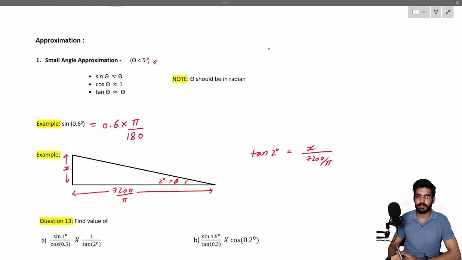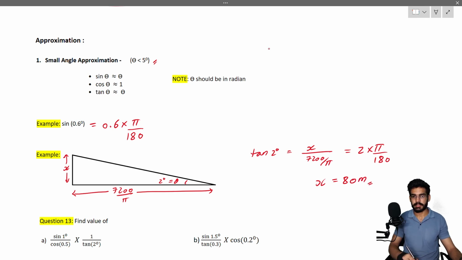And we know tan theta, if theta is less than 5 degrees, I can apply the approximation. I can write 2 degrees into pi by 180. If you solve this, x comes out to be 80 meters. If the length is given in meters, this x is also going to come in meters only.